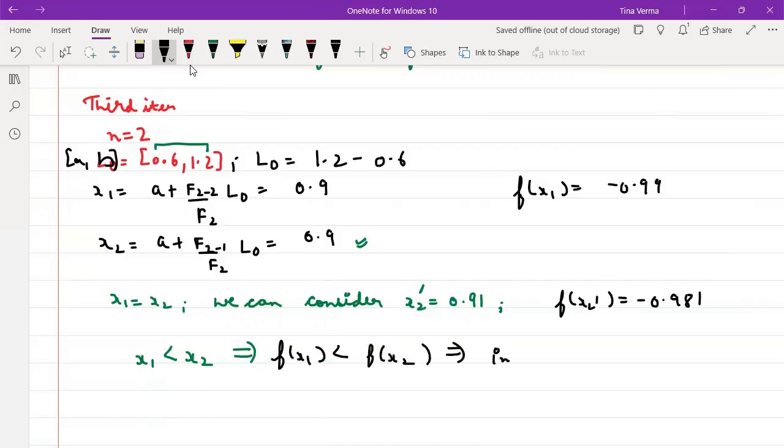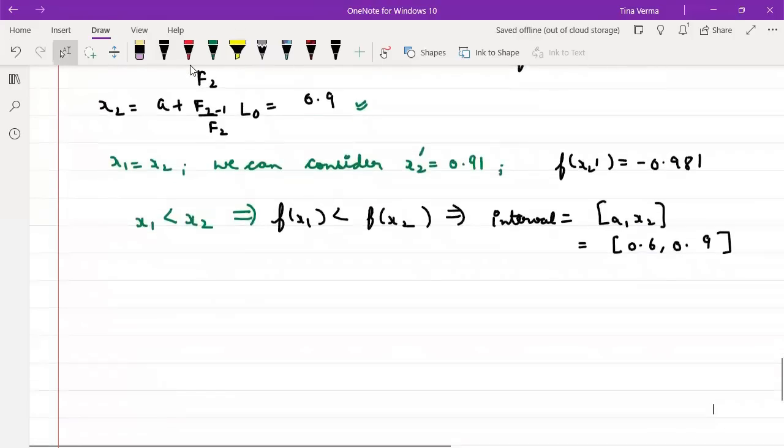So which implies the interval will be a x2, that is the interval 0.6, and x2 is your 0.91, or you can say consider 0.9 only, because we have considered x2 as this value just for checking the interval. So we can consider 0.6 and 0.9. नेक्स्ट आइटरेशन करोगे.